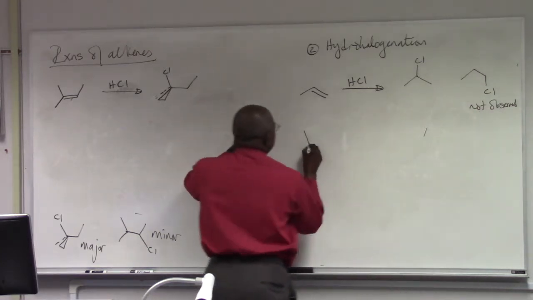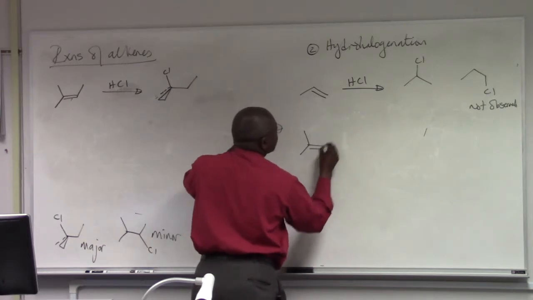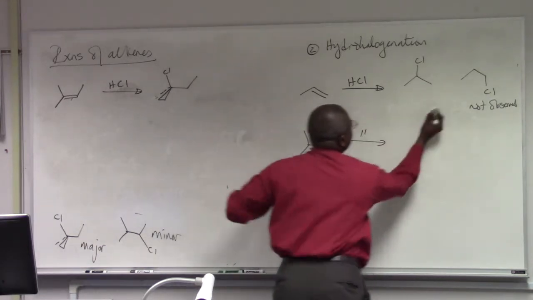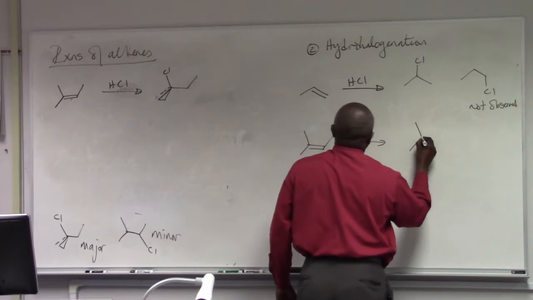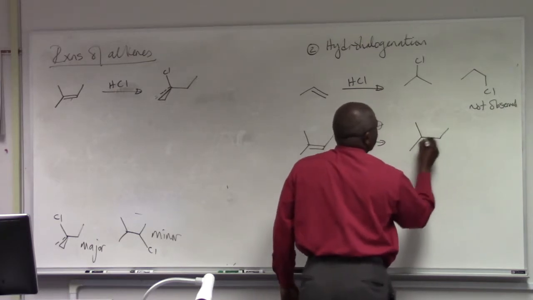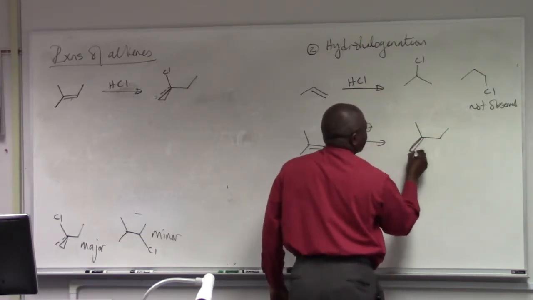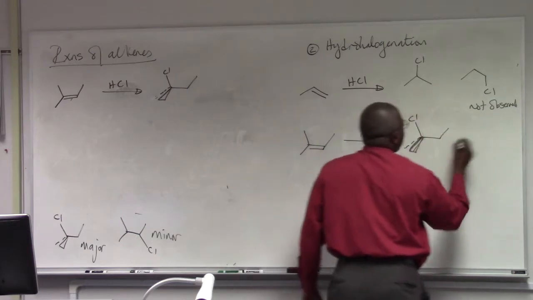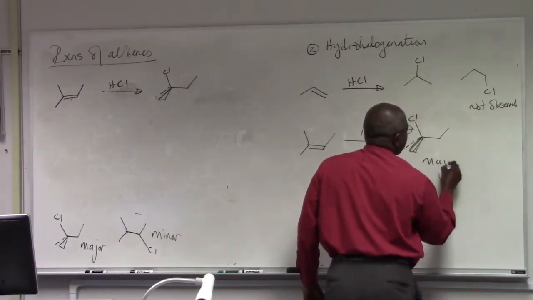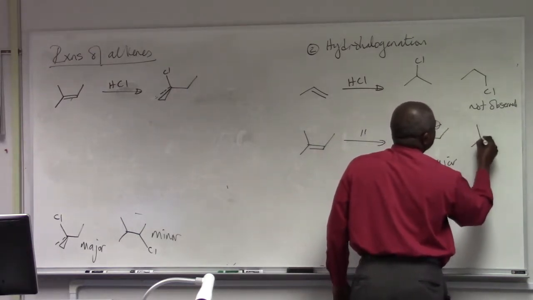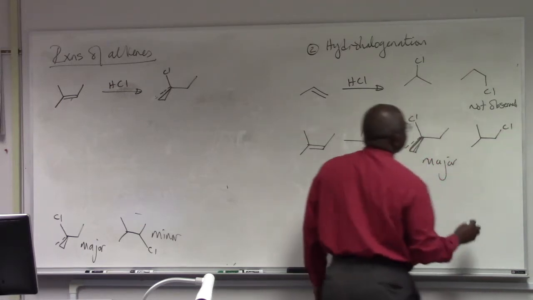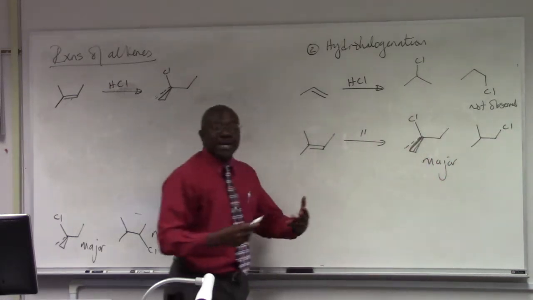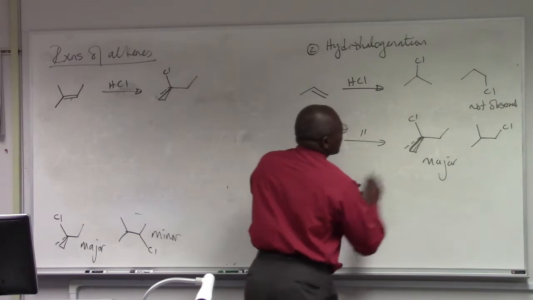If I start with this alkene, right, I get this as my major product. This is major by far, and then I get these as my minor product. Is there a trend? The answer is yes.